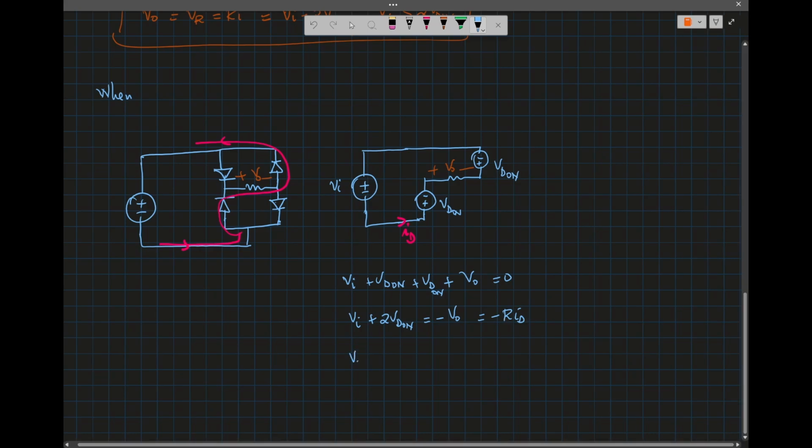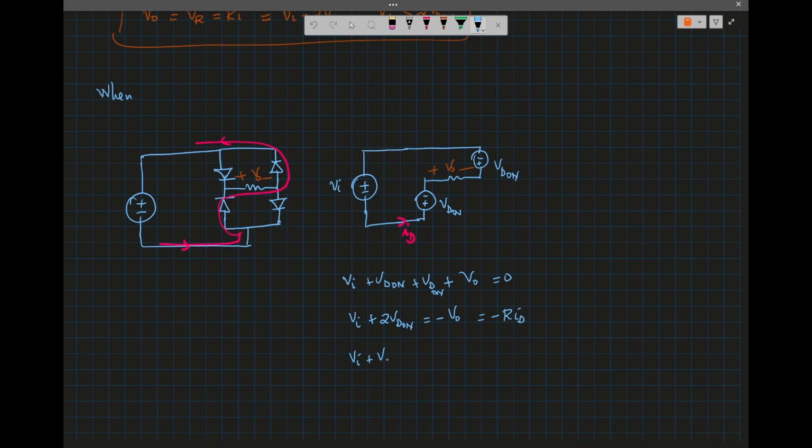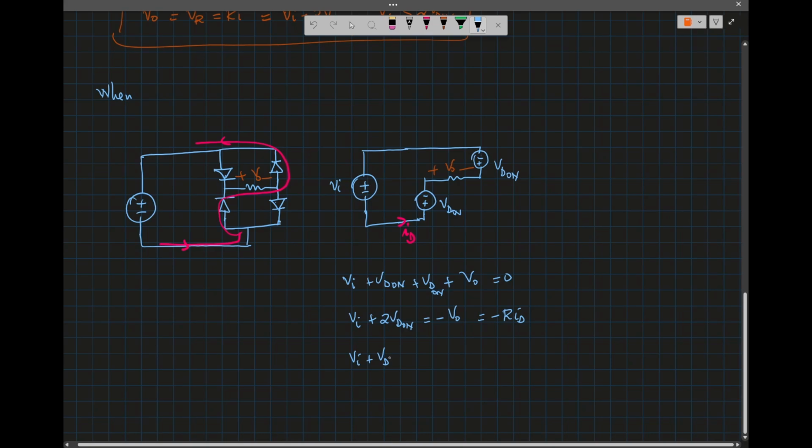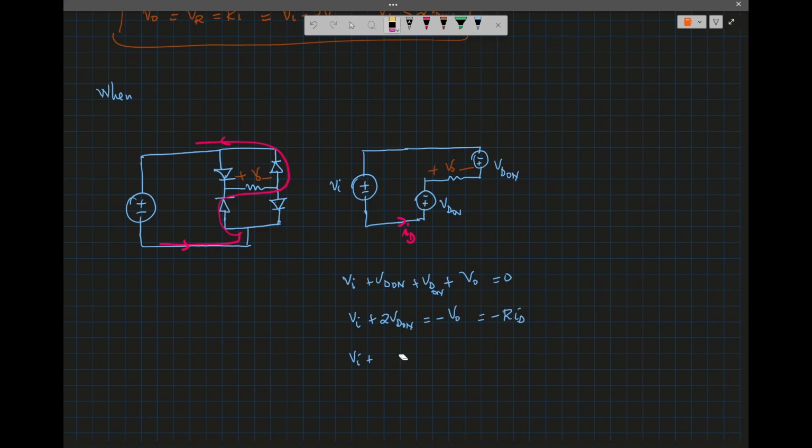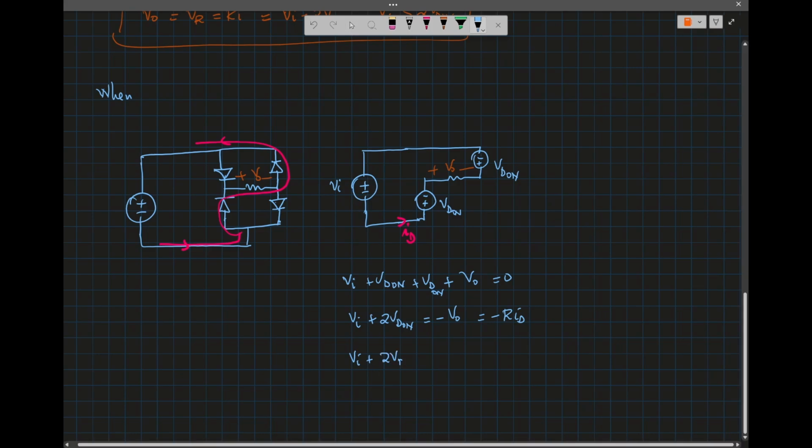That means VI plus VD on plus 2 VD on is less than 0.